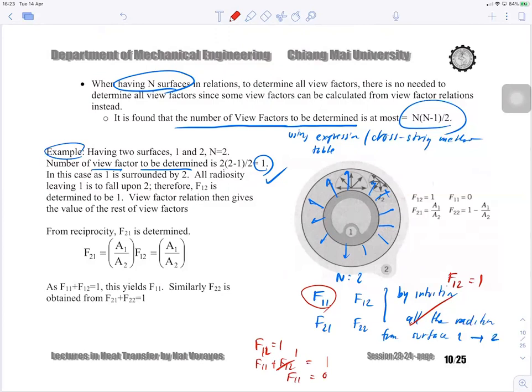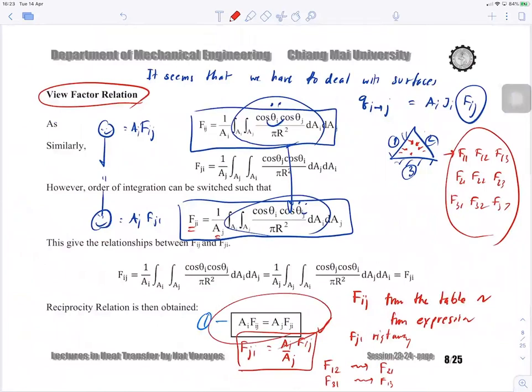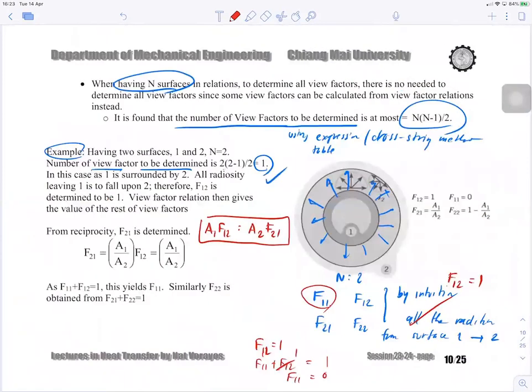Okay, and then if you know the F12, from the reciprocity relation, you know that A1 F12 is going to be equal to A2 F21. This is the reciprocity relation. You substitute i with 1, you substitute j with 2.